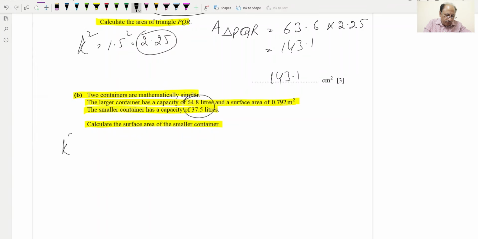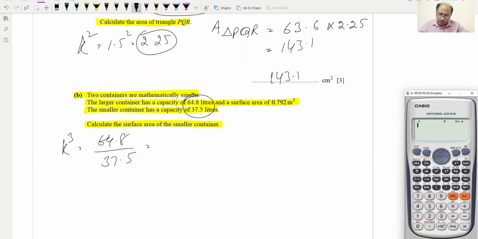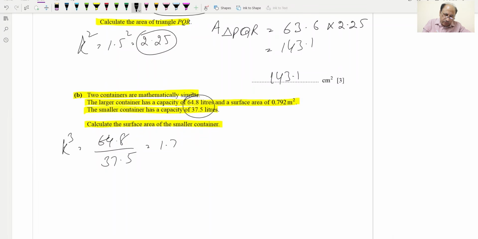So K cubed will be equal to 64.8 divided by 37.5, and this gives us 1.728.